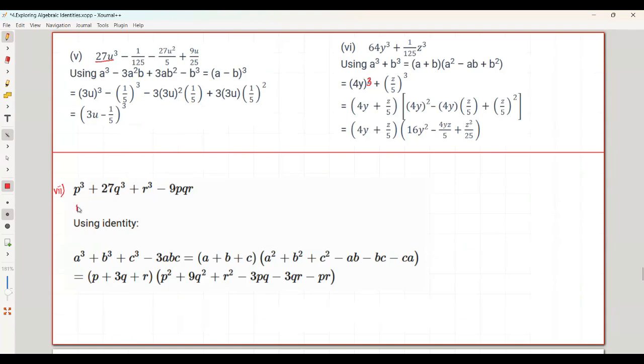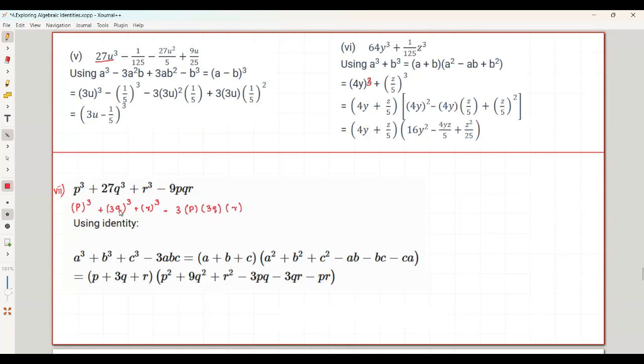This can be written as p cube, and 27q cube can be written as (3q) the whole cube, plus r cube, which is r the whole cube, minus 3 into a value, which is p, b value is 3q, c value is r. Multiplying, 3 threes are 9, we get 9pqr.